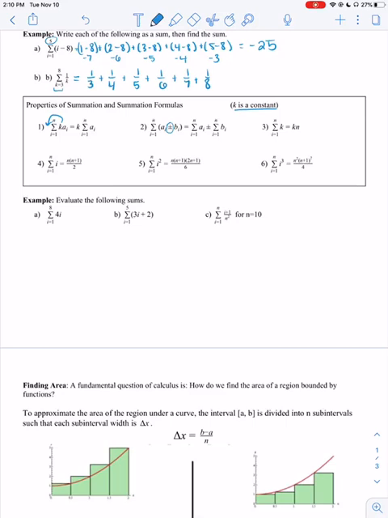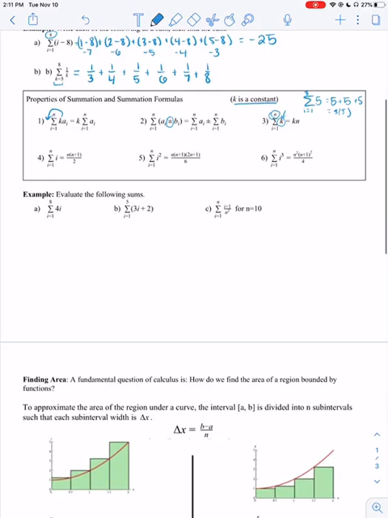If you have a sum of a constant, so let's say you had from i equals 1 to 3 of 5, this is basically saying that the first term is 5, the second term is still 5, and the third term is still 5. And so here we're ending up with 3 5s, which is 15. But see how it ends up being your n times your k, 3 times 5, if you have a constant.